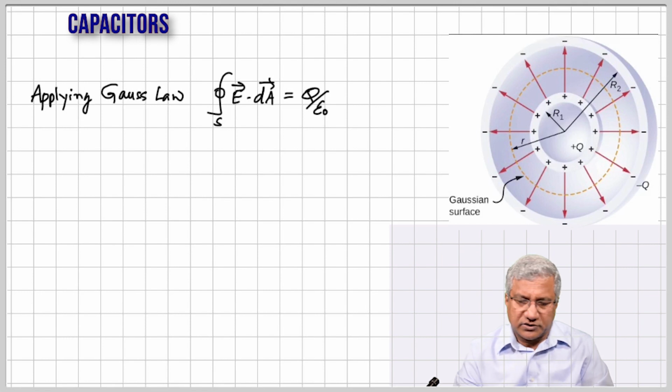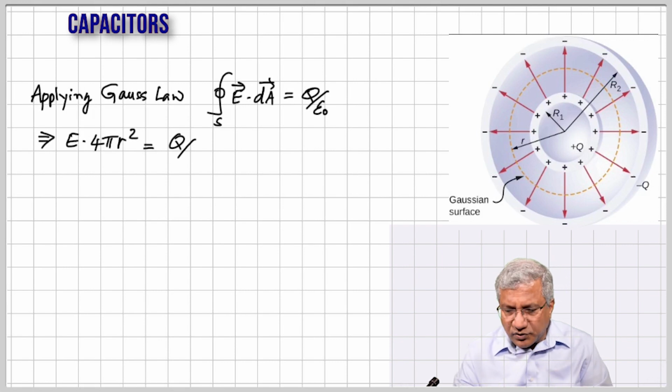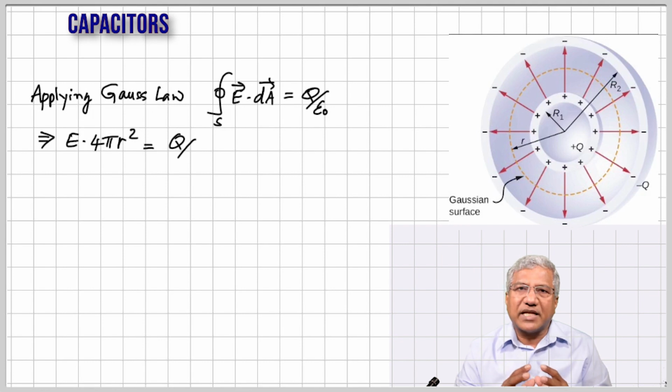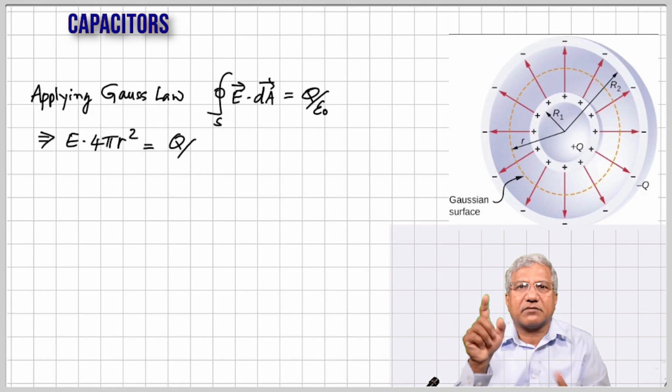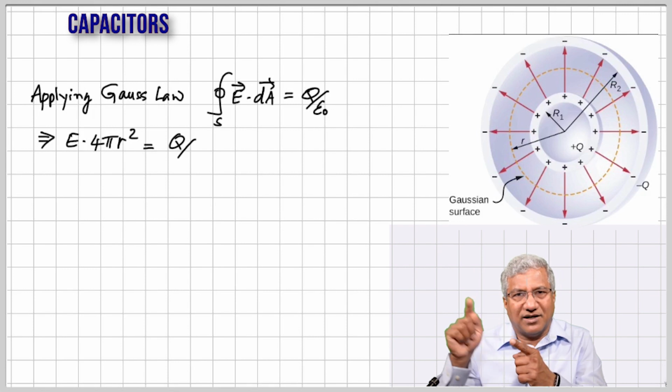Where Q is the charge. And when we use that here, because the Gaussian surface is a sphere and its radius is taken as a little r, the surface area is 4 pi r squared. So E is a constant at every point on that Gaussian surface. The radius of the Gaussian surface is r.